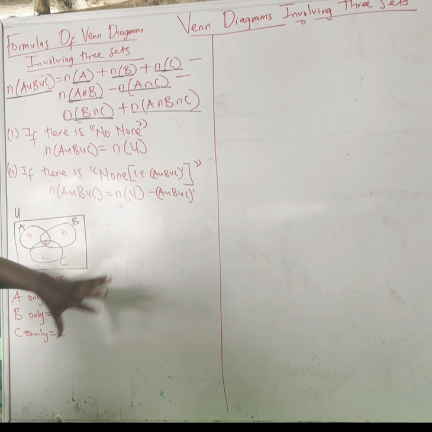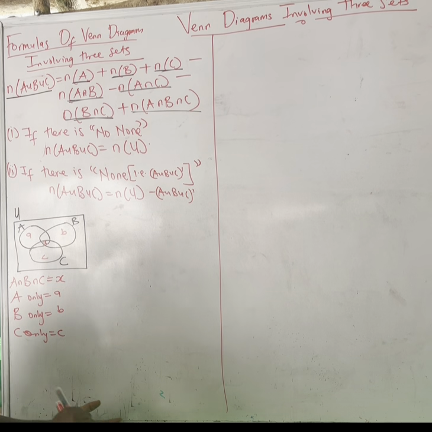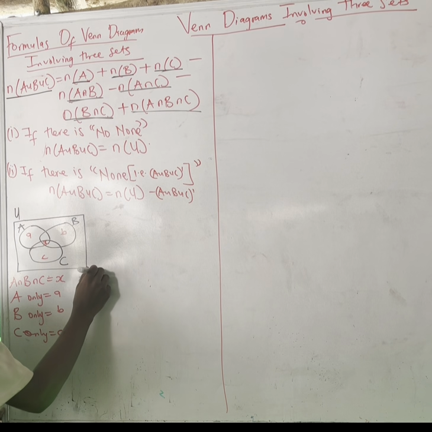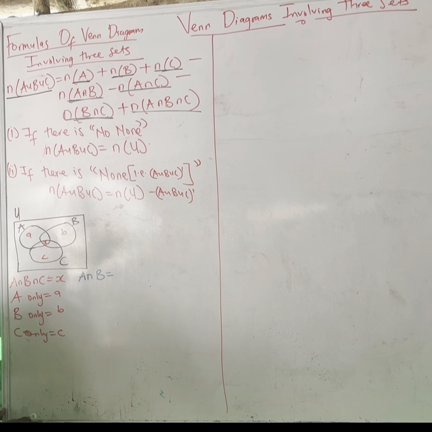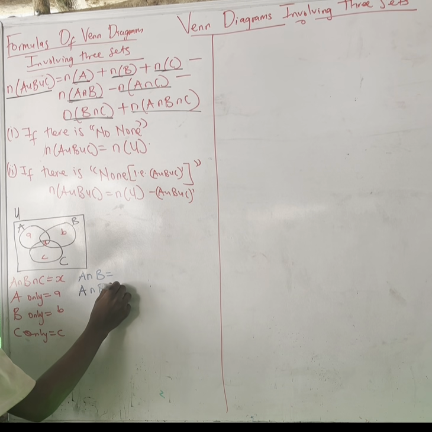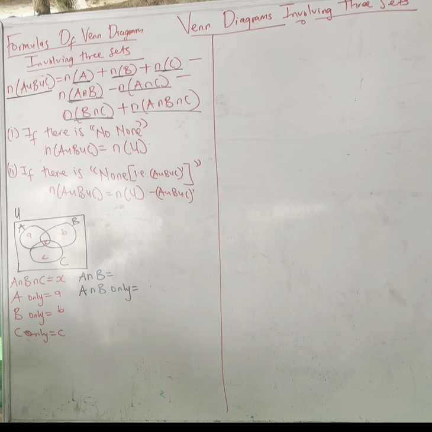The next thing we have to understand very well is that in this Venn diagram we can have A intersection B, and we can also have A intersection B only. Follow me.